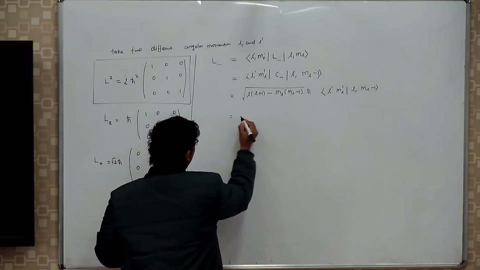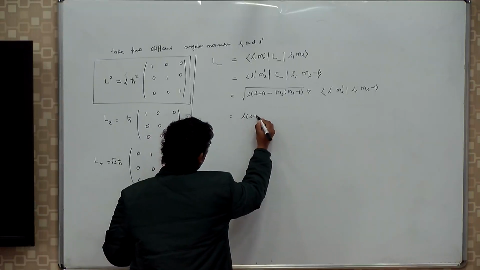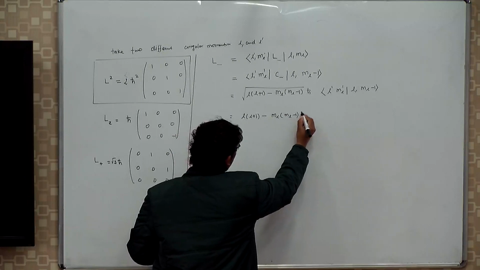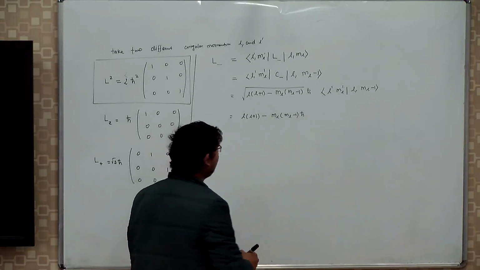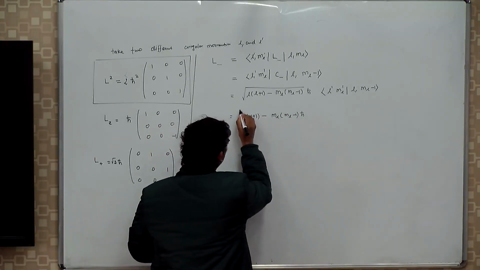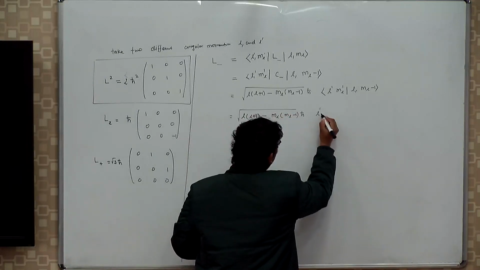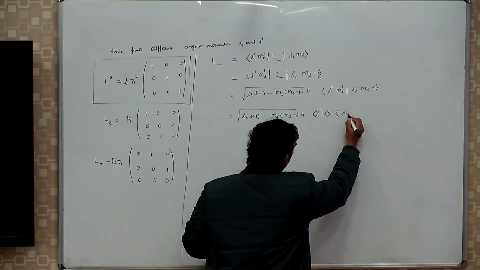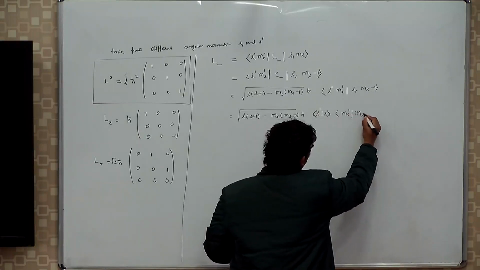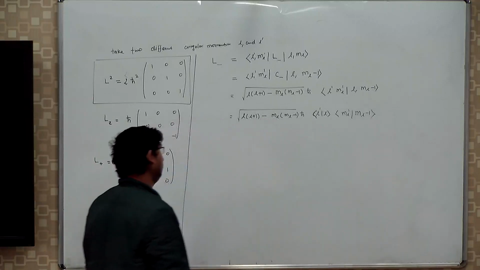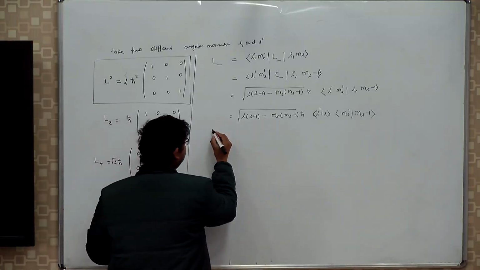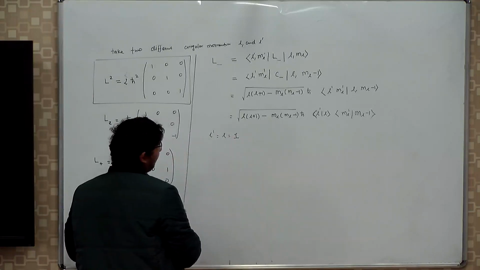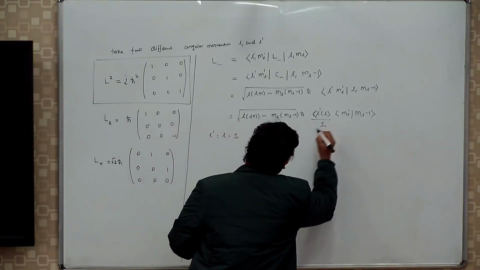Again L into L plus 1 minus mL into mL minus 1, ħ, then l dash, l, mL dash and mL minus 1. Further, if we imply L dash equal to L equal to 1, then this term will be 1.